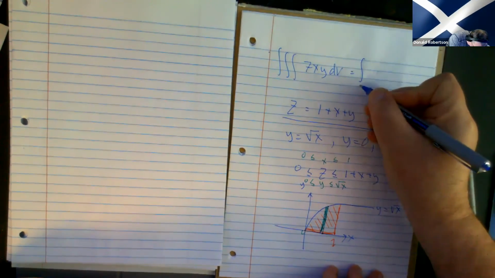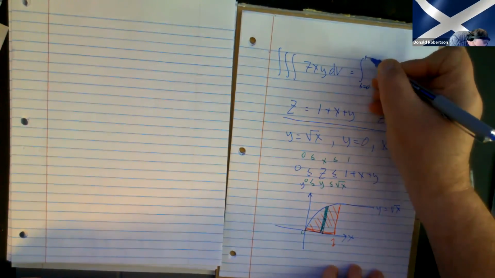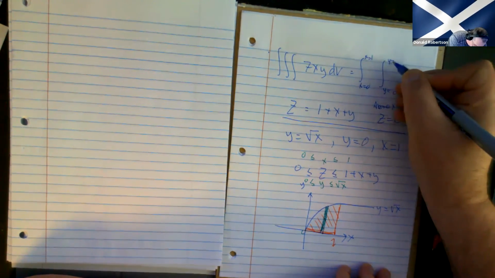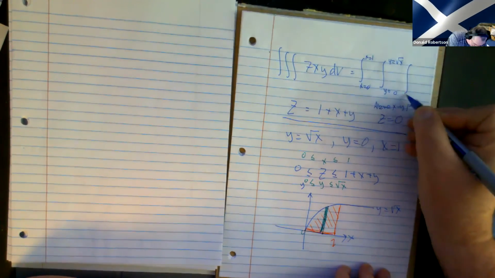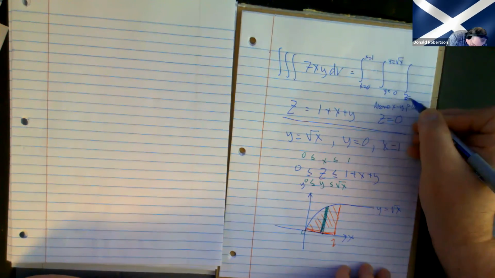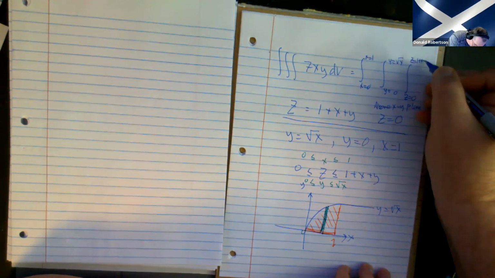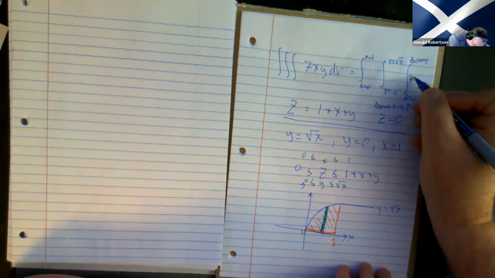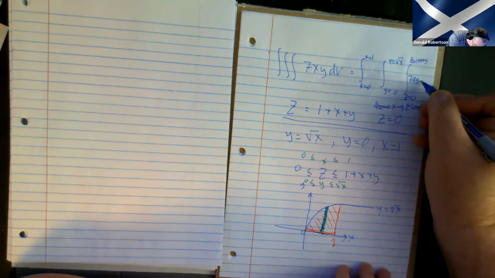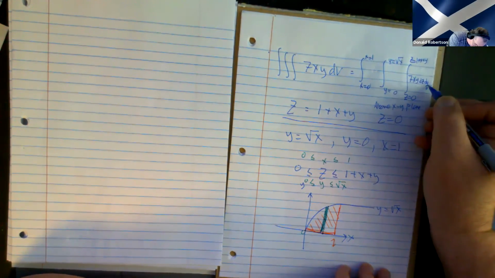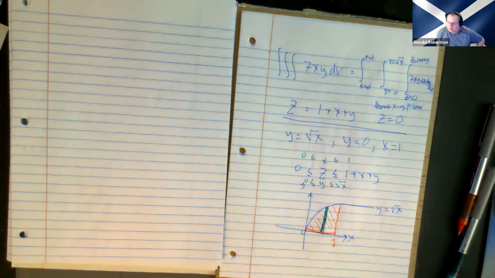So when I put that whole package together, I'm looking at x going from 0 to 1, then y equals 0 to the square root of x, and then z equals 0 to z equals 1 plus x plus y. And then you can do 7xy dz dy dx, and that would be the integral.